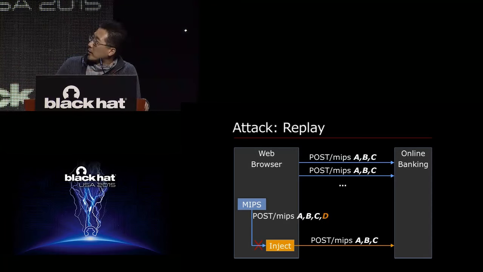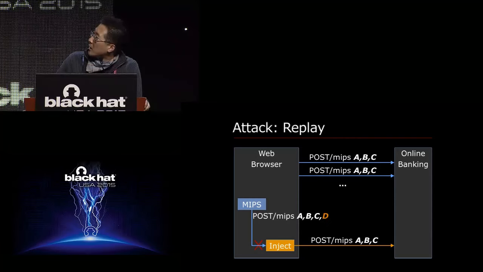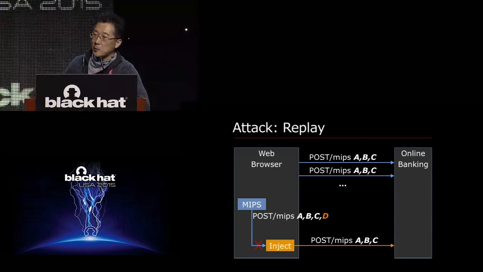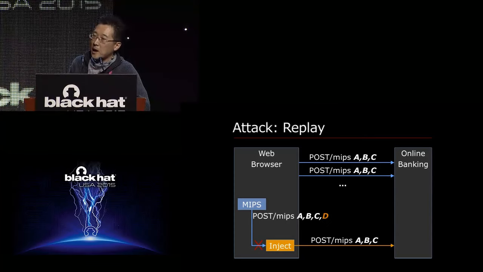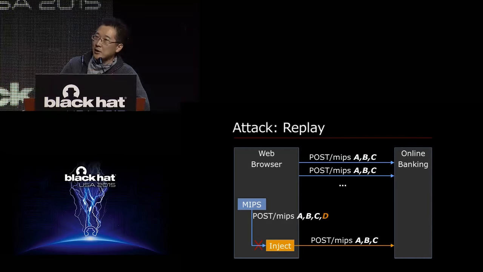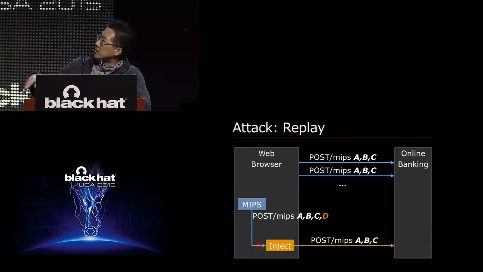In the normal case, if you are an attacker, you will actually see the packets. Each time you're doing the online banking, the attacker will see it always sends out A, B, and C, each one being the SHA-1 hash of each script running in the page.